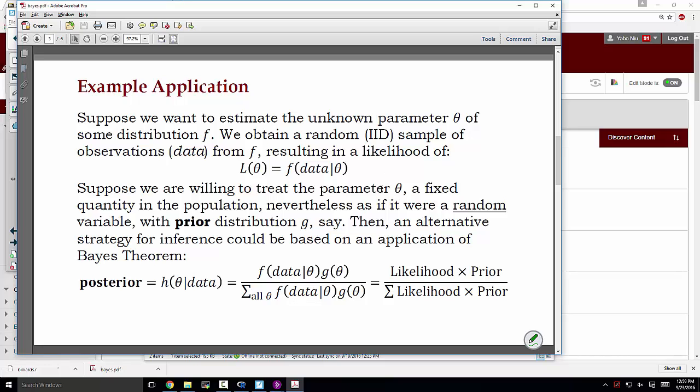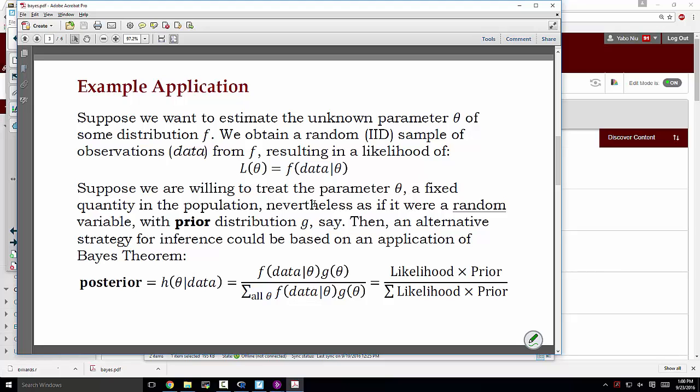If we're willing to treat theta as if it's a random variable, it's a little bit counterintuitive. You would think, it makes sense that there is a single average survival time of all people in this disease group, for example. If we just went and got all of them and measured how long they live, we would know that quantity. Think of it more as an analytical strategy, a data and analytics strategy, to allow the parameter to be random.